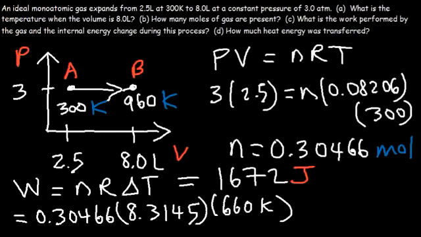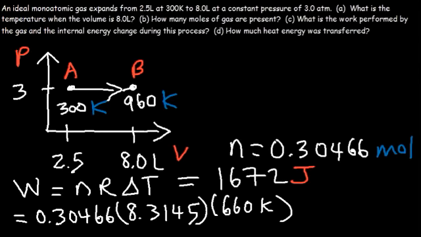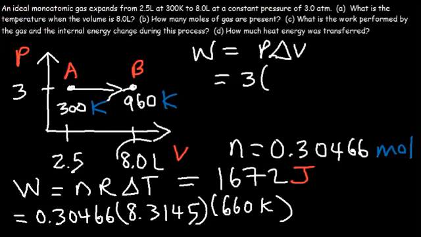Now keep in mind, you can also use this equation. W is also equal to P delta V under constant pressure conditions. So the pressure is 3, the change in volume, the final minus the initial volume, that's 8 minus 2.5, which is 5.5 times 3.